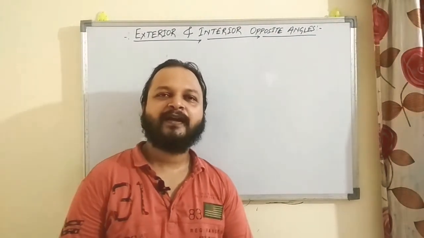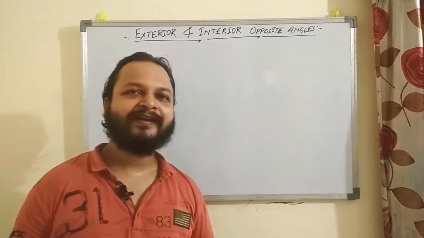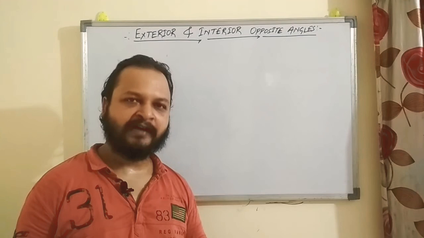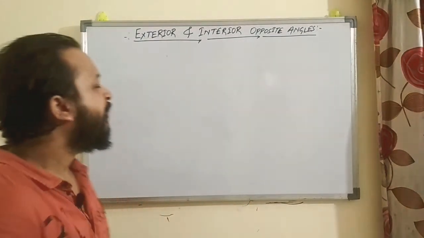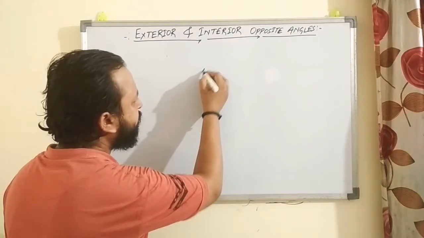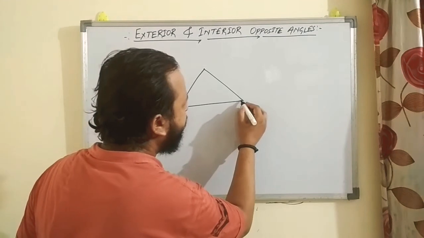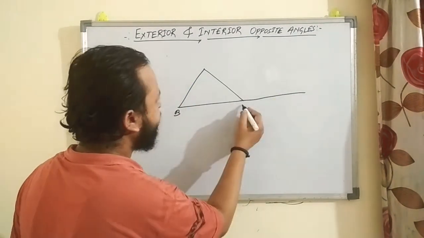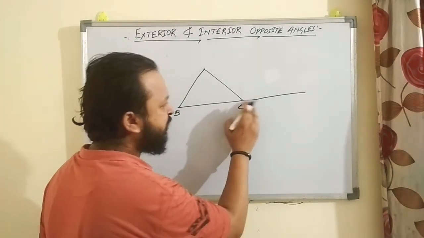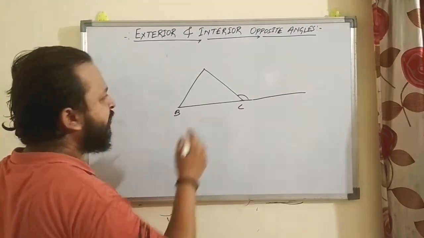Good morning. So today we are going to talk about the exterior angle of a triangle and the opposite interior angle of a triangle, right? Suppose this is a triangle. If you draw this, extend this line, suppose this line is BC. If you extend, this is an exterior angle, right?